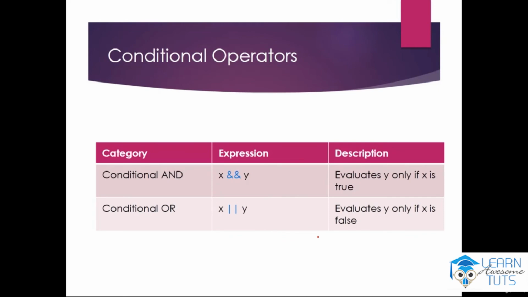Logical operators are actually very important in any programming language, and they can help us to take decisions based on certain conditions. Suppose we want to combine the result of two conditions, then logical AND and logical OR are two logical operators that help us in producing the final result.